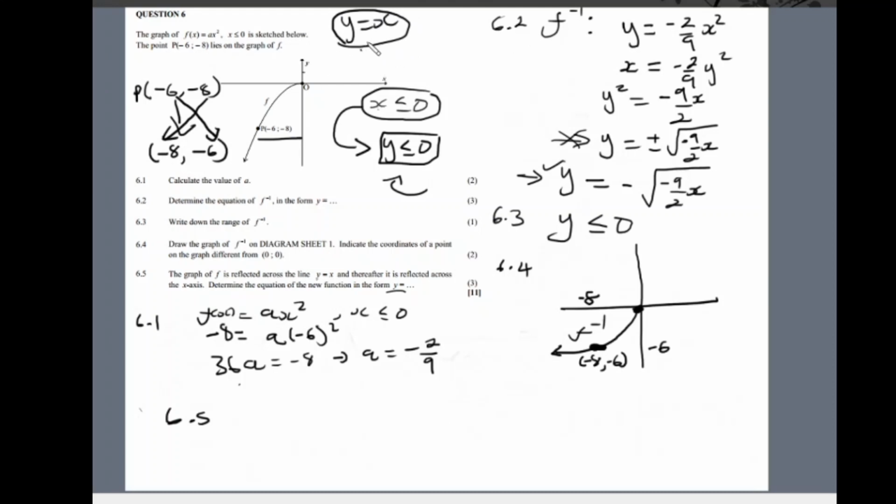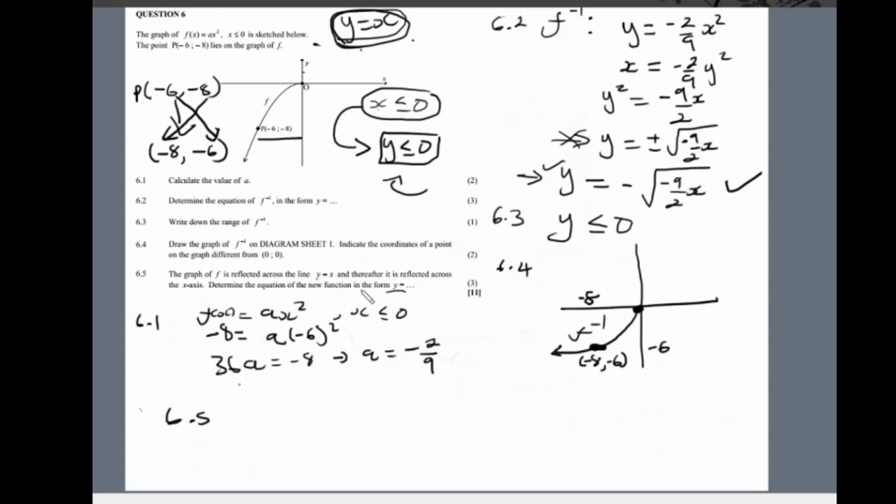So when you are reflecting a function across this line y equals x, you are simply moving from the function to its inverse. Now we already have the equation of the inverse, which is y equals minus the square root of minus 9 over 2x, right?